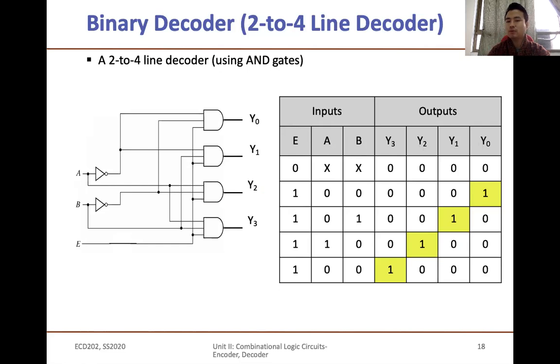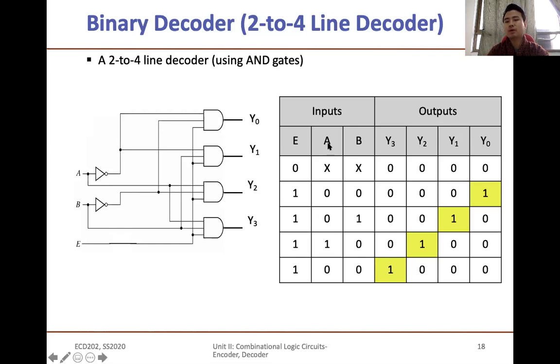Now when you give E equal to 0, that device will be disabled. When you give E equal to 1, then your device will be enabled. Now with the help of E, your device will start working.